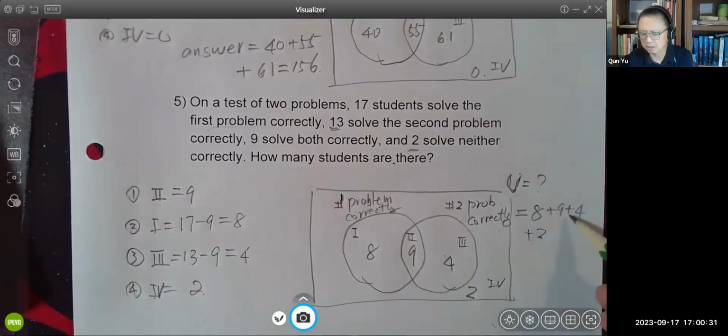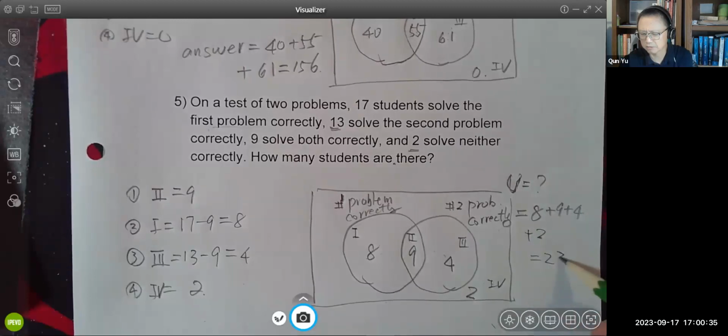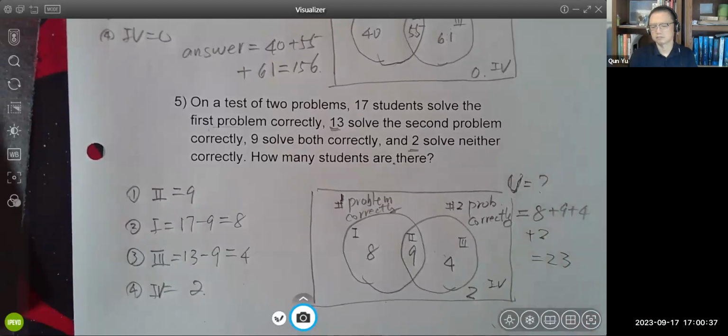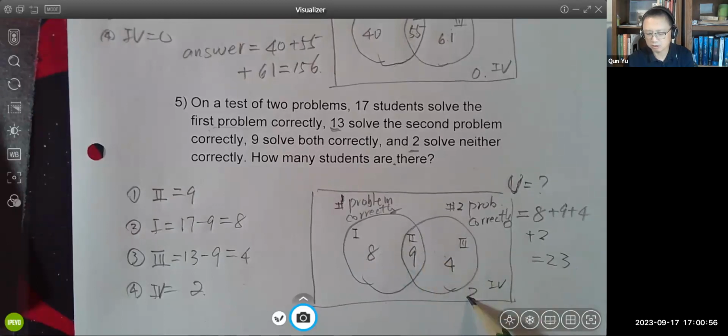So this is 8, this is 13, this is 9 plus 4, 13, so totally 23. So that's our final answer. Among 23 people, 17 of them solved the first problem correctly, 13 people solved the second problem correctly, 9 of those solved both correctly, and 2 of those didn't solve any problem.